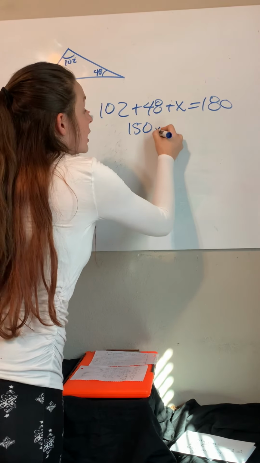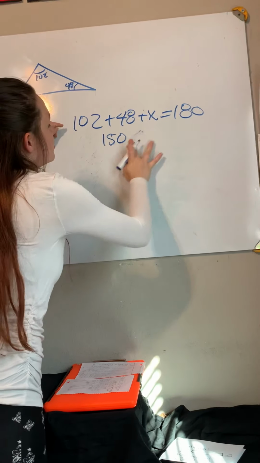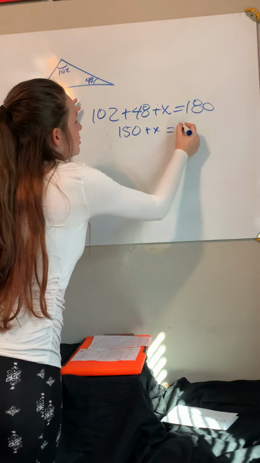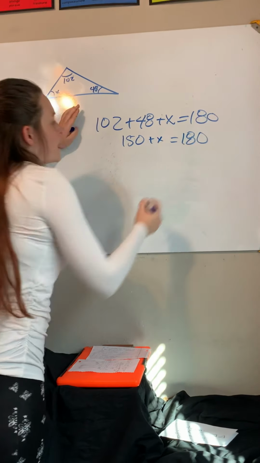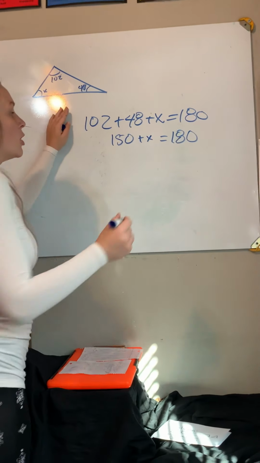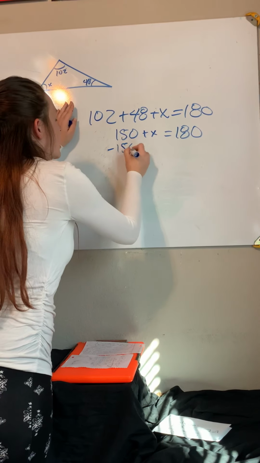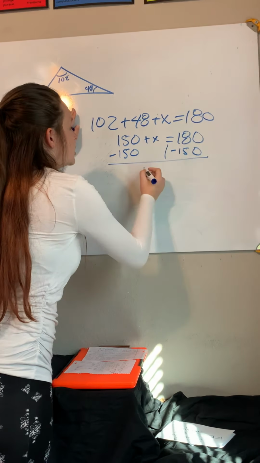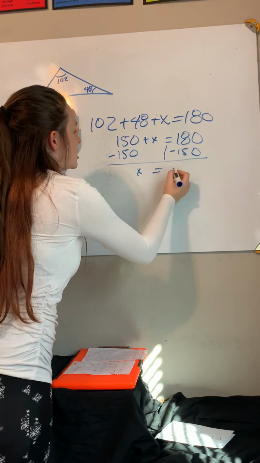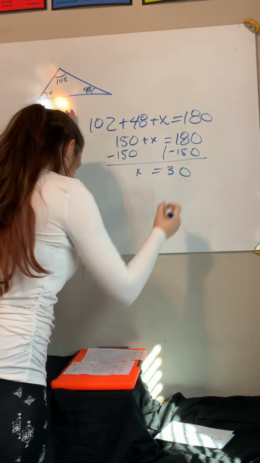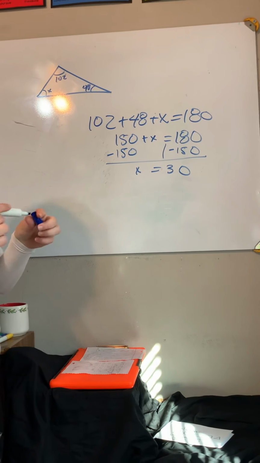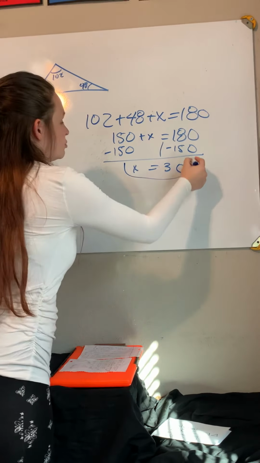So, combining like terms, 150 plus X equals 180. From here, we're going to subtract 150 from both sides. Minus 150, minus 150. So that means X is going to be equal to 30. So that's what our missing angle is: 30. Alright, what's your answer?